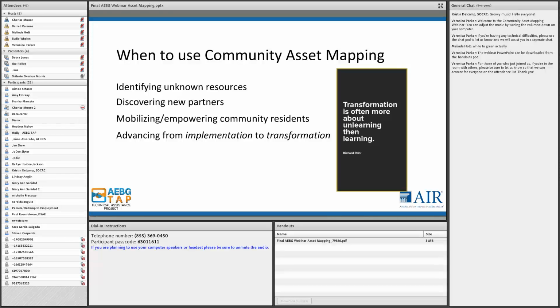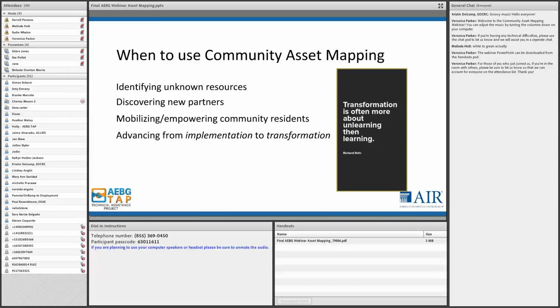And I think when we talk about conducting needs assessment as practitioners, as social service workers, we like to fix things and know how to do it when we go into the community. And so this process really is about taking all of that away and then listening and learning from the community about how the work should be approached. So it really is advancing from implementation to transformation.